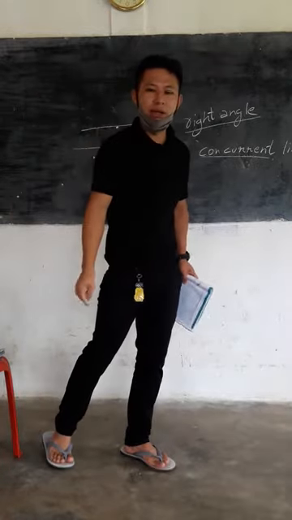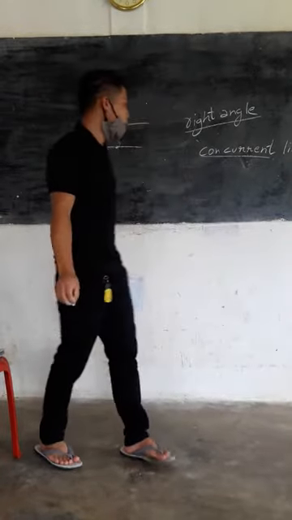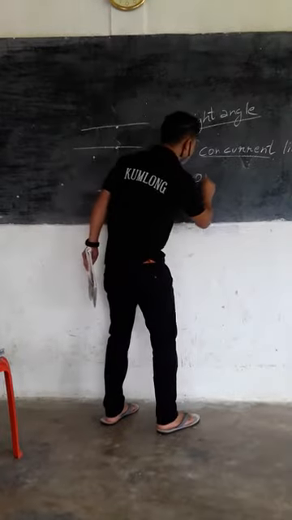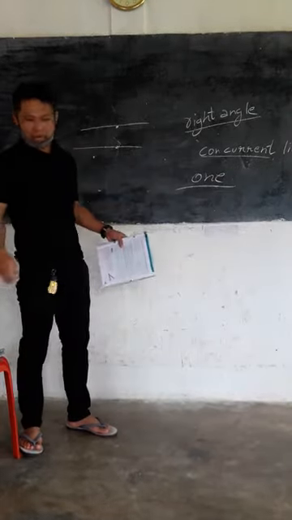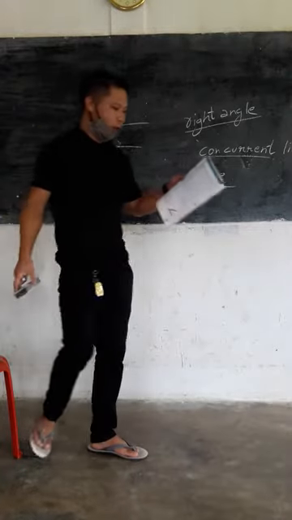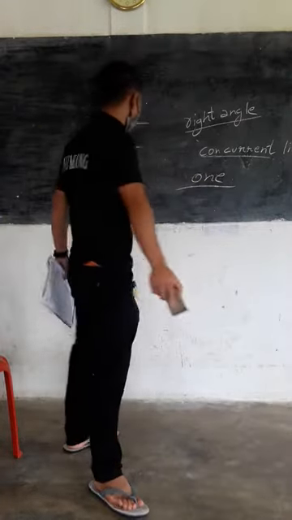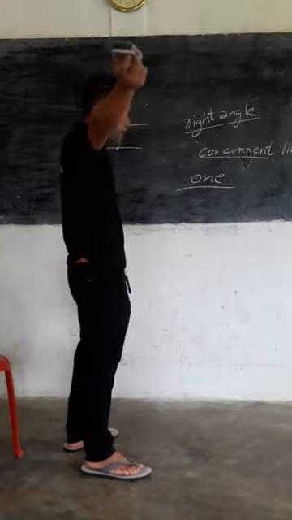We can draw only 1 line at a time. So the answer is only 1. Question number C answer is 1. Going to the next question.